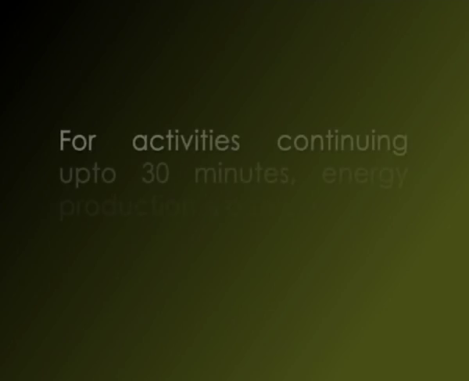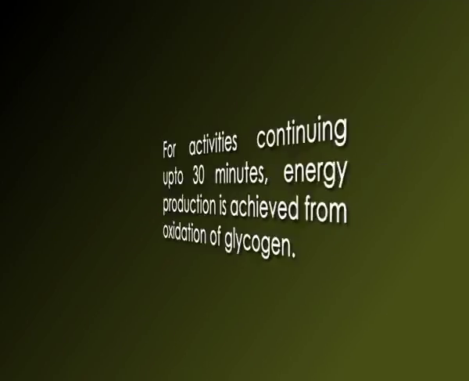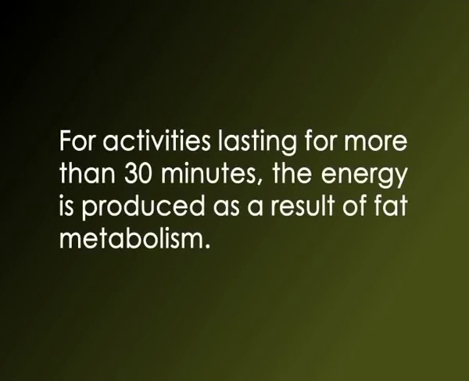Energy is produced by the oxidation of glycogen. For activities continuing up to 30 minutes, energy production is achieved from oxidation of glycogen. Whereas, for activities lasting for more than 30 minutes, the energy is produced as a result of fat metabolism.